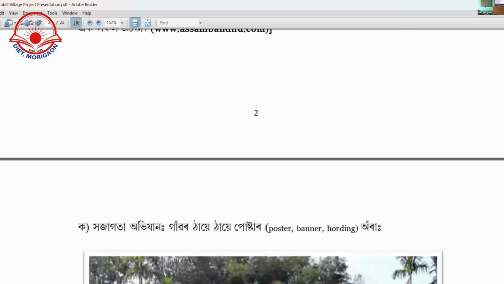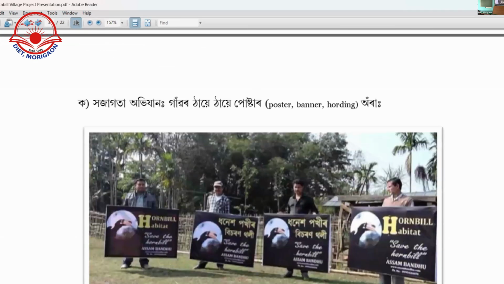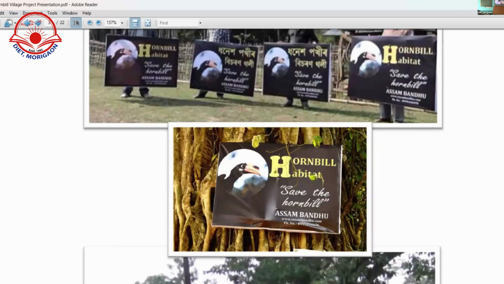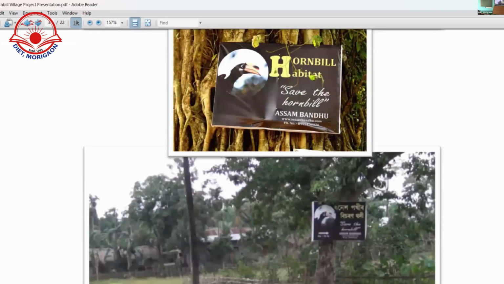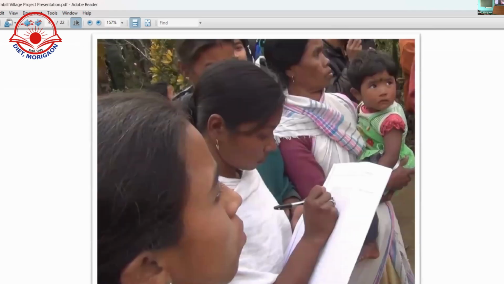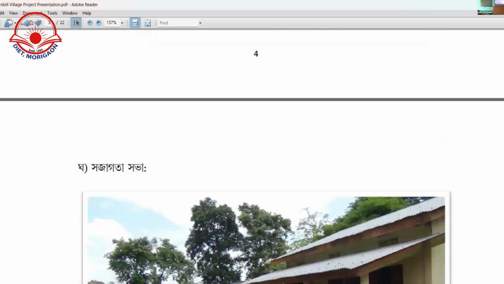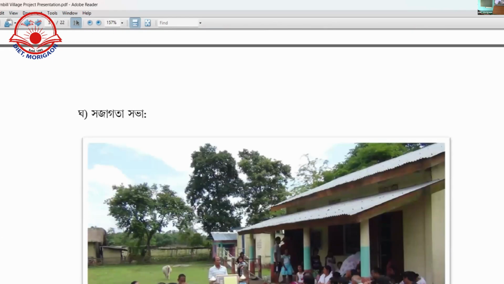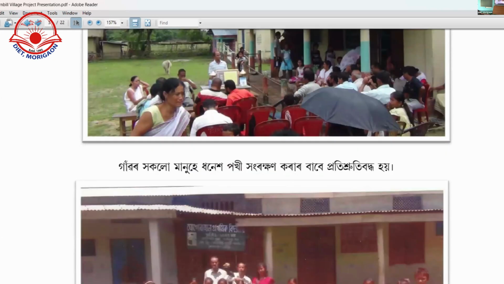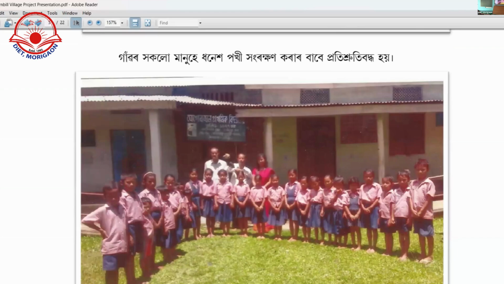A group started a campaign called the Save Hornbill Project, and they remained very successful. They started signature campaigns and postering. This is a signature campaign. This is a meeting to make the people aware about the conservation of hornbills, and they had some workshops among the small children in the school.